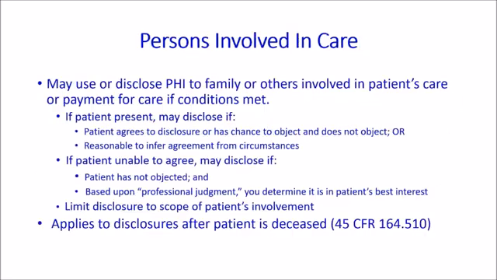When thinking about the circumstances for revealing PHI to a family member or other person involved in the patient's care, keep these rules in mind. If the patient is present and does not object after being asked, then you may discuss PHI in front of that family member or friend.